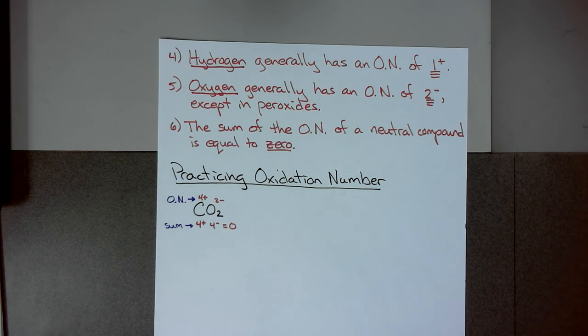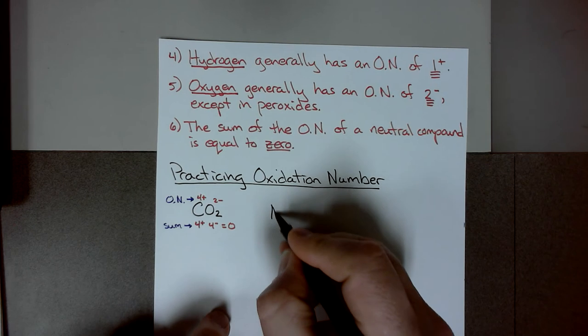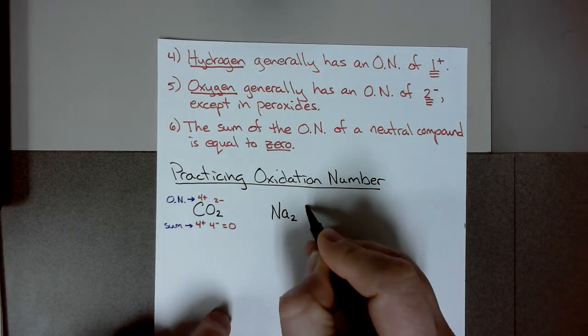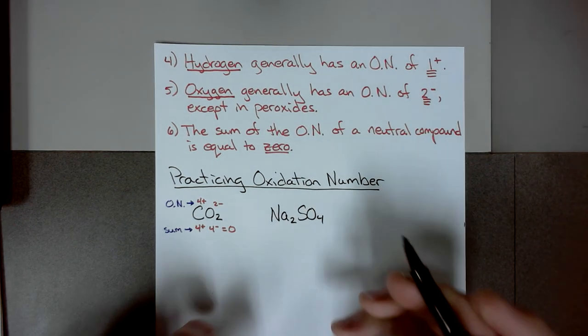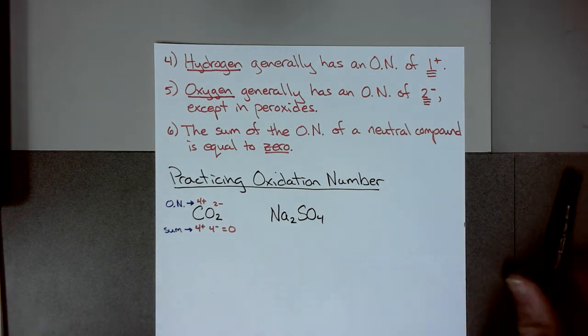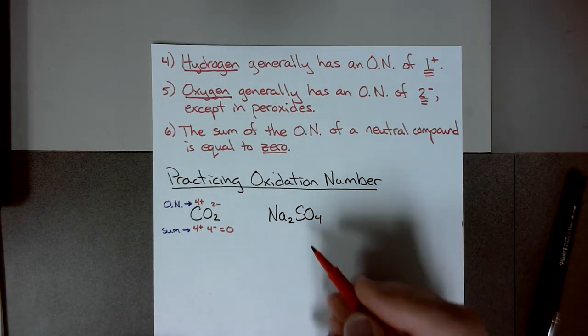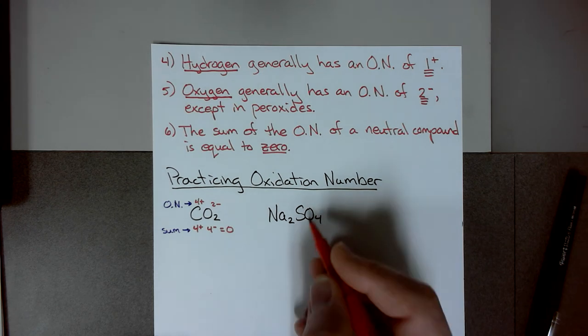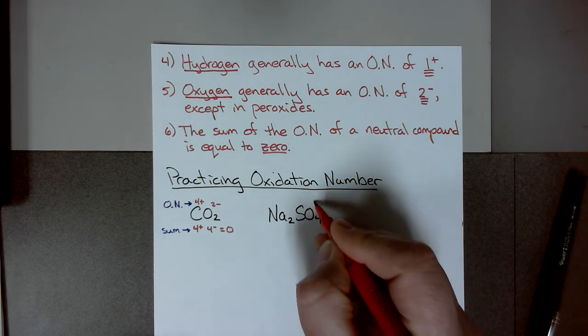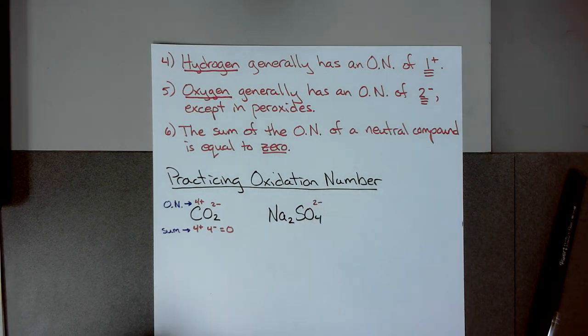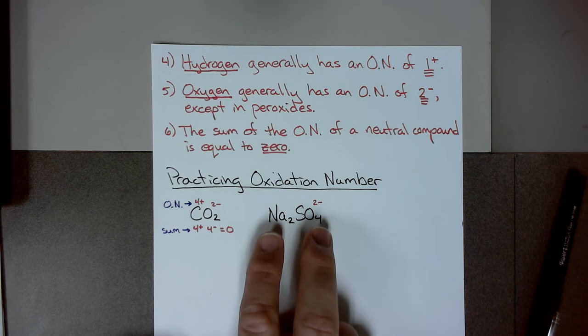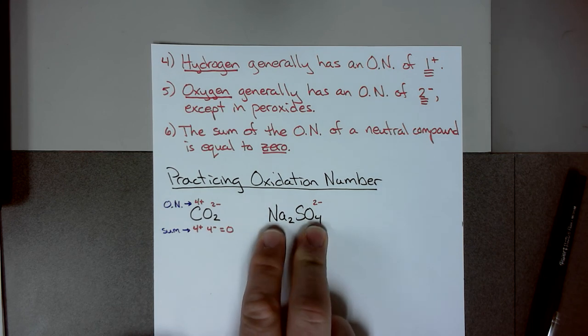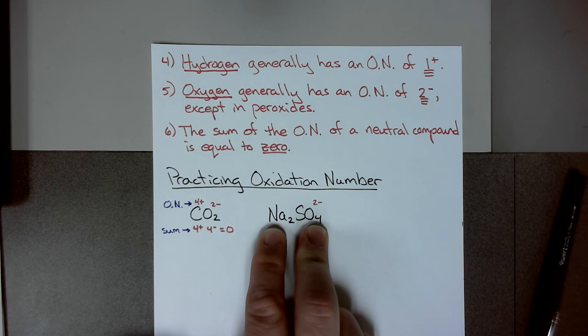Let's do sodium sulfate. Again, oxidation number on top, sums on the bottom. Okay, so oxygen we know is a 2-, and by the way, a lot of times you can think of it as the outer elements on an ionic compound will just be the charges of those elements.